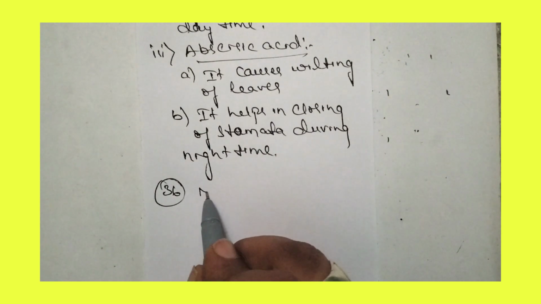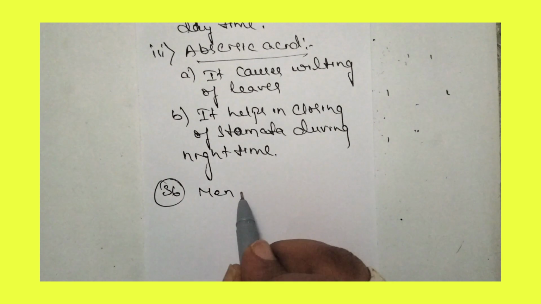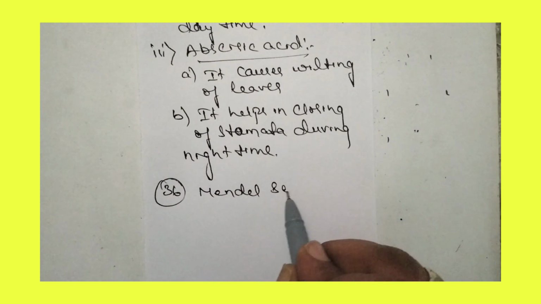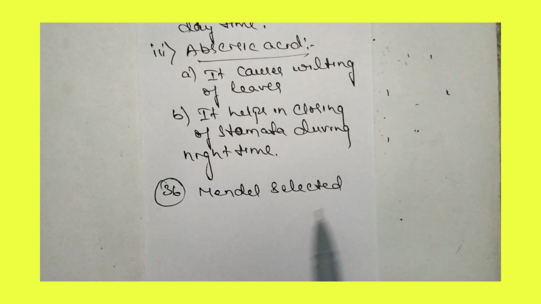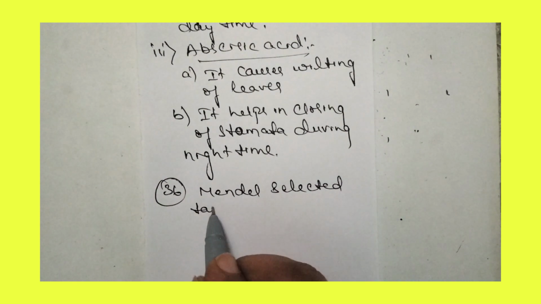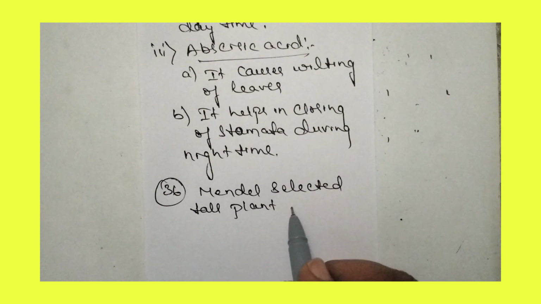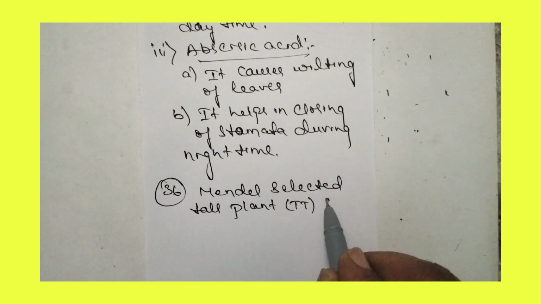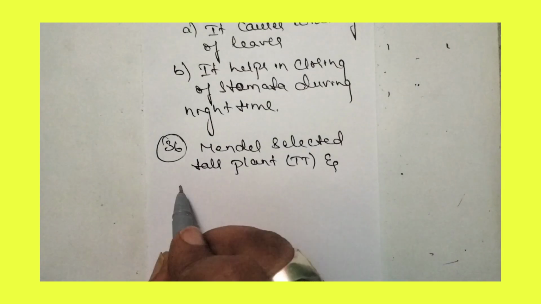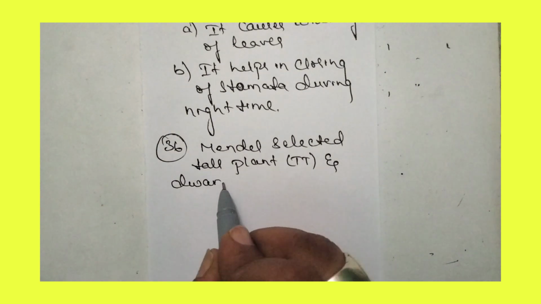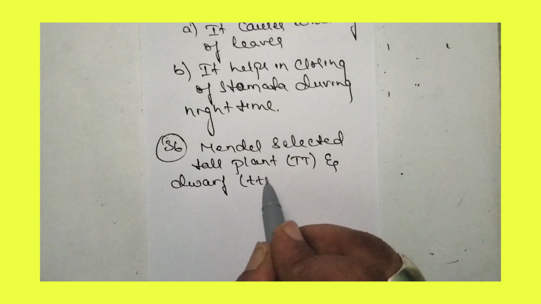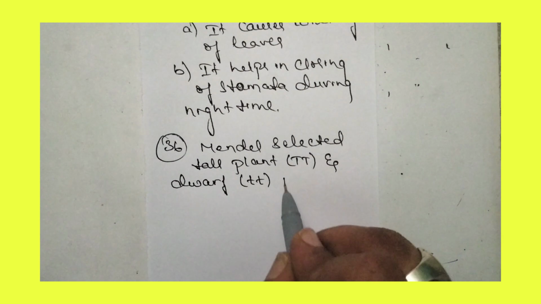So what did Mendel do? Mendel selected tall plant, capital T, and dwarf, small t, pea plants.